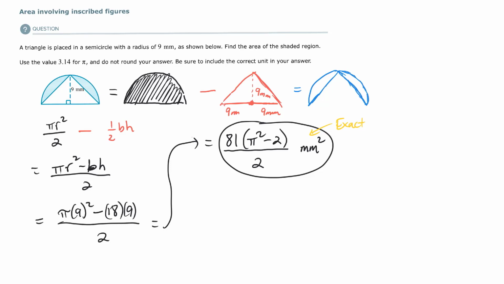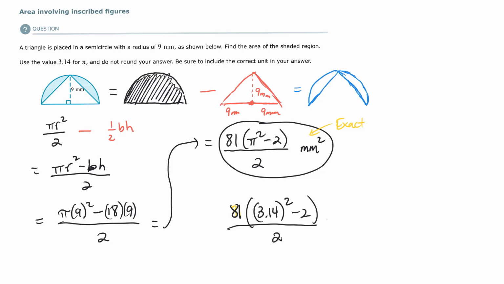Now, we're ready to find the decimal answer as well. We're going to substitute pi. Instead of writing pi, it says to use what? It says to use 3.14 as an approximation. And we could do that on your calculator. Make sure you do the order of operations.